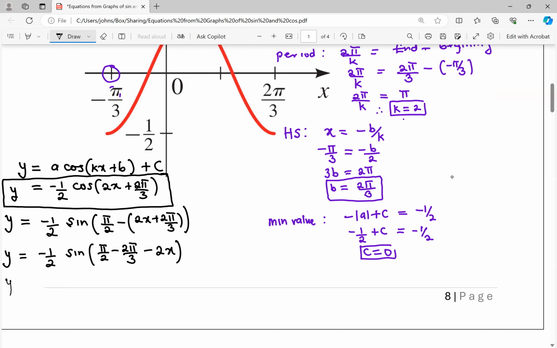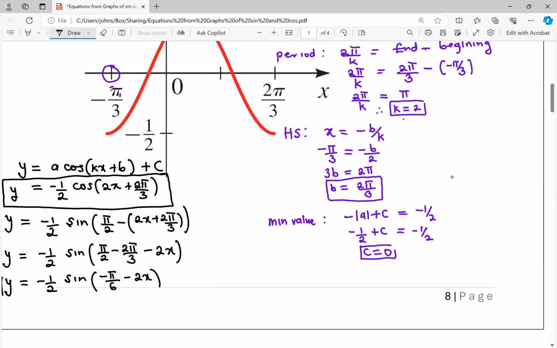And this will be minus half sine, if you multiply this by 3, so you have 3 pi minus 4 pi, so this is about minus pi over 6, then minus 2x. So we can leave it like this, or you can still want to factor out minus. Either way, it's okay.